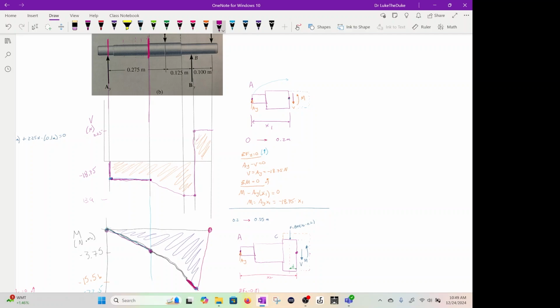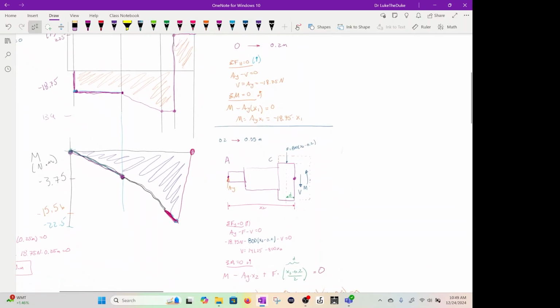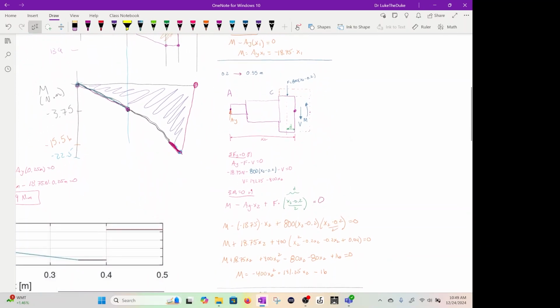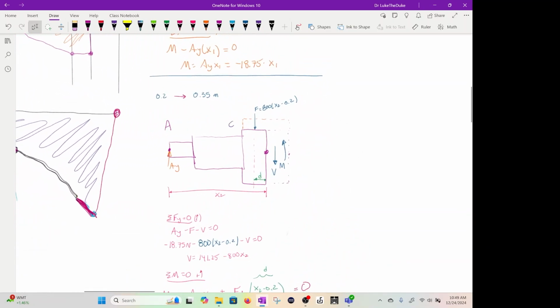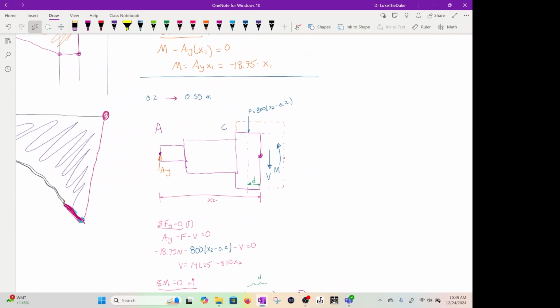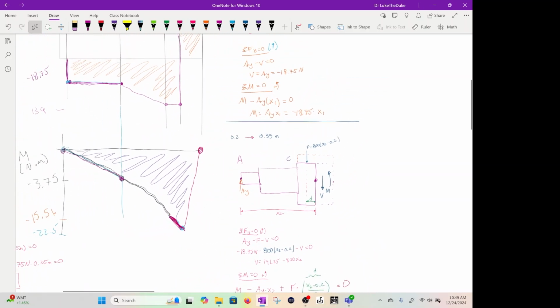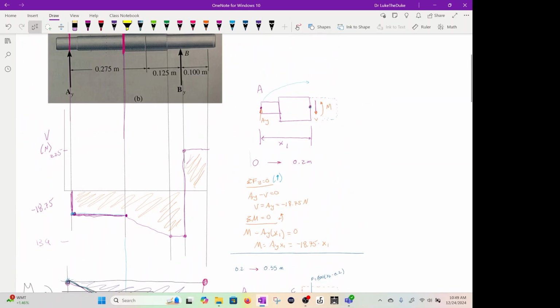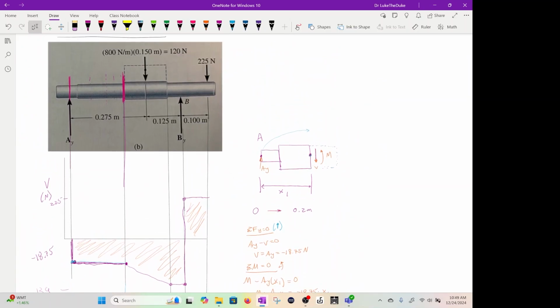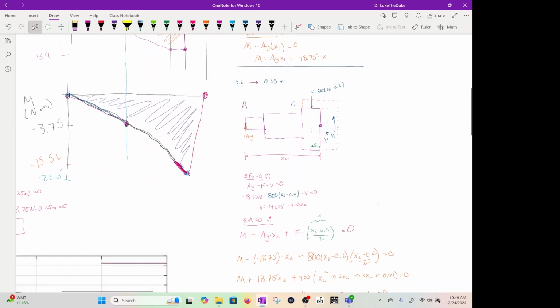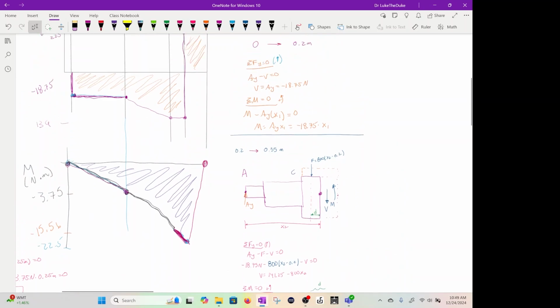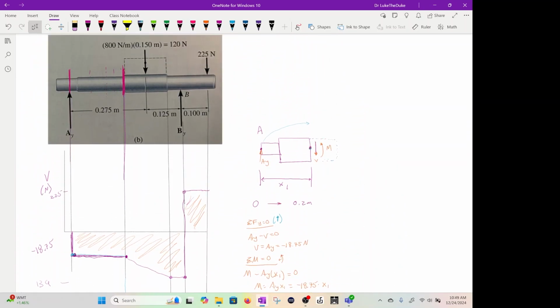All right, now let's look at, let's see, where are we? Right here. I'll zoom right in. Let's look at 0.2 to 0.35. That is the location from right here.